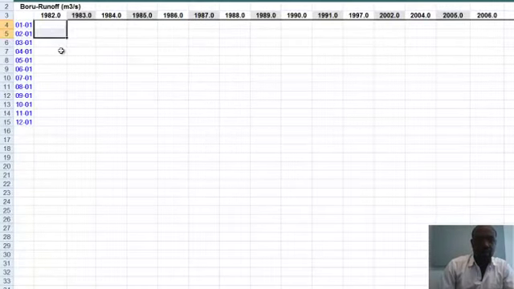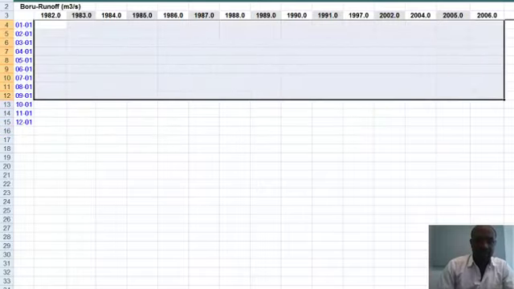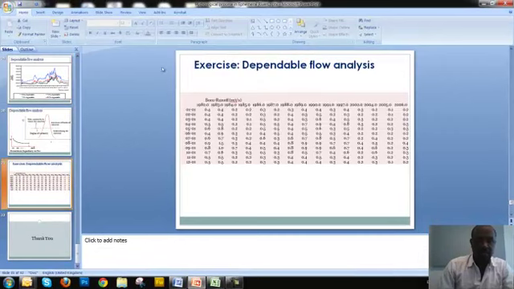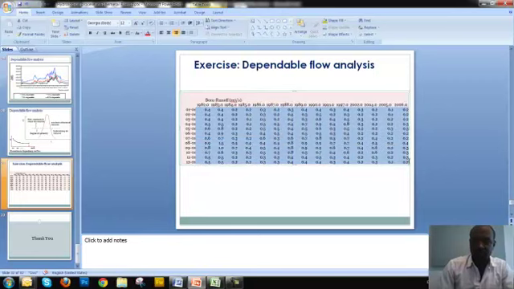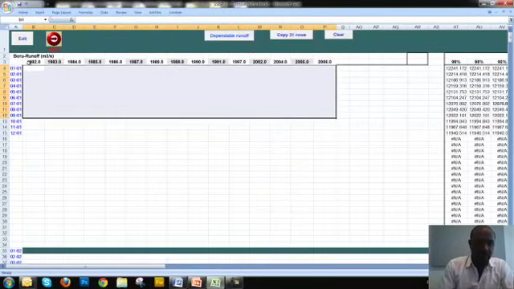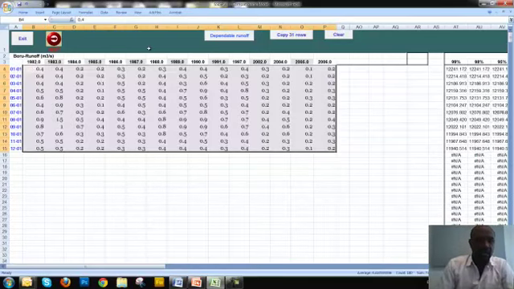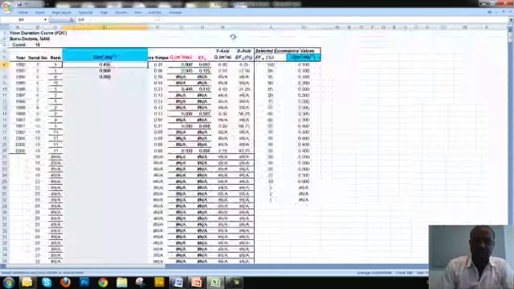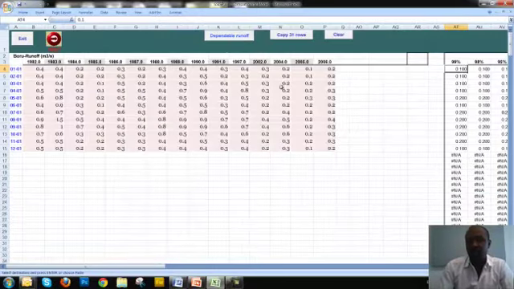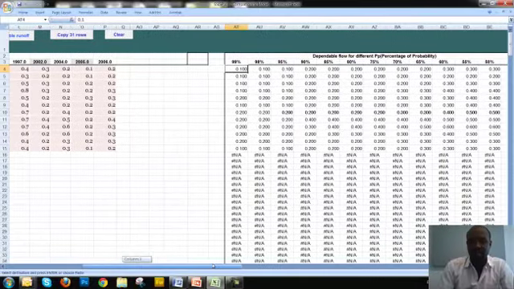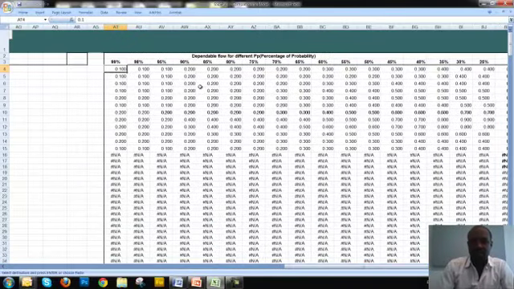And first we need to have data for each month. Let me get this data, for example, which is put as an exercise in this, and after having this data we copy it and then paste it in this section, and then just click this button which says dependable runoff, and Excel automatically computes for different probabilities of exceedance, that is 99%, 98%, and so on for all.